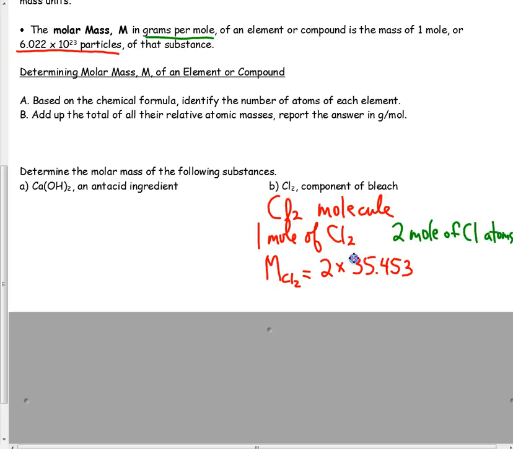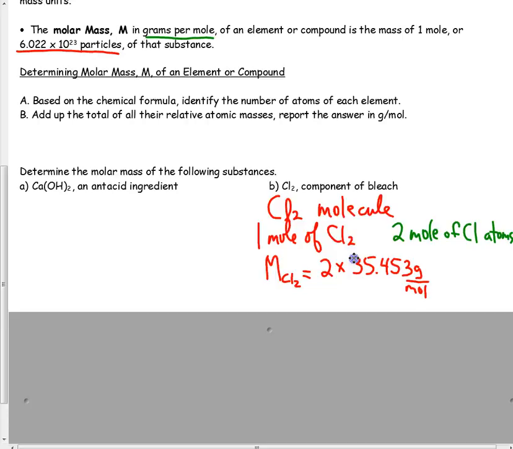So we're calculating the molar mass for Cl2, but we have to recognize that Cl2 is diatomic. And so what we're really doing is calculating on the basis that a mole of chlorine atoms is not 35.453 atomic mass units, it's 35.453 grams in its mass, and we have 2 of them.